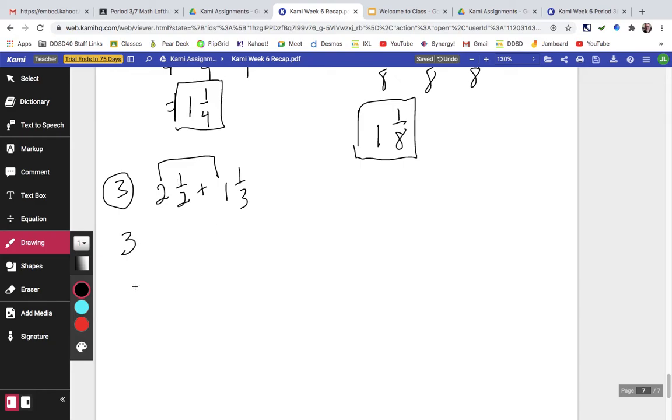And then we're going to combine the 1/2 plus 1/3. And we're going to use a common denominator. We'll triple this to 3/6, and we'll double this to 2/6. So combined together, that's 5/6. We'll put that back together with our whole 2 plus 1, and it's 3 and 5/6.